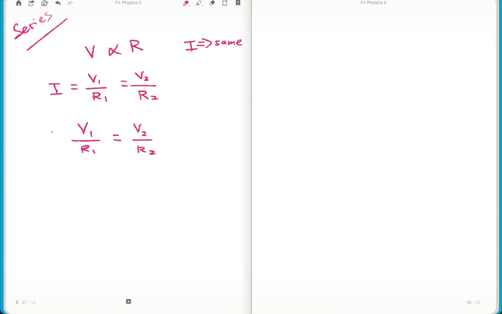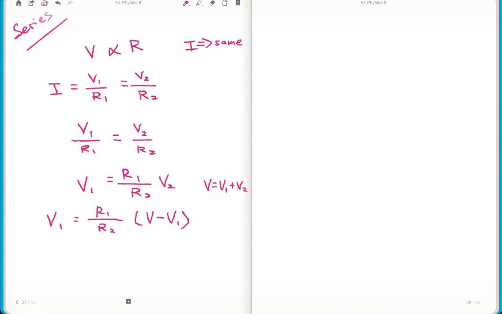So again, if you want to look for the voltage at one resistor, you rearrange this equation. Your V1 is equal to R1 over R2 times V2, where V2 is actually V total subtract V1, having in mind V is V1 plus V2.